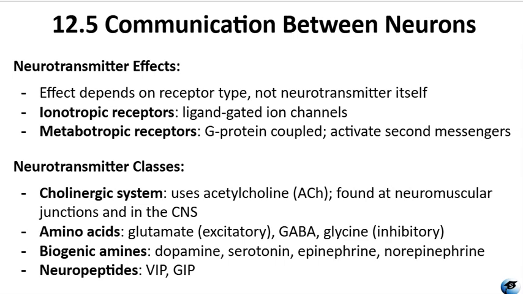Biogenic amines, such as dopamine, serotonin, norepinephrine, and epinephrine, are derived from modified amino acids. Neuropeptides, such as vasoactive intestinal peptide and gastric inhibitory peptide, are composed of amino acid chains and modulate neuron activity over longer periods. Please watch this fun animation that gives just a few examples of neurotransmitters that work in the brain.